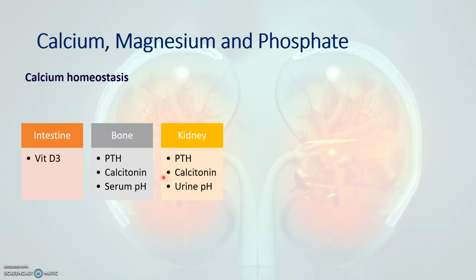Conversely, calcitonin promotes the laying down of calcium and phosphate in the bone, and acidosis actually promotes reabsorption of bone as well.